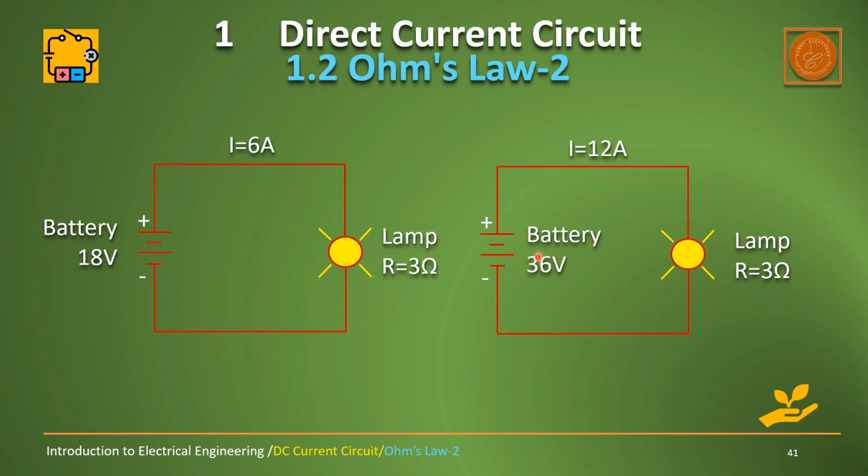The voltage is doubled, 18 to 36, so the current will be doubled too, from 6 amps to 12 amps, because the lamp resistance is kept at 3 ohms. This is the 3 ohms too.